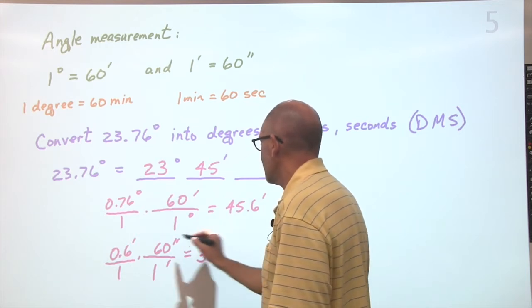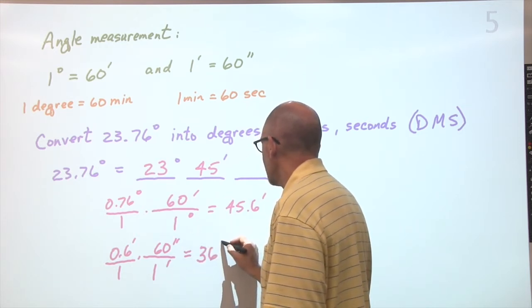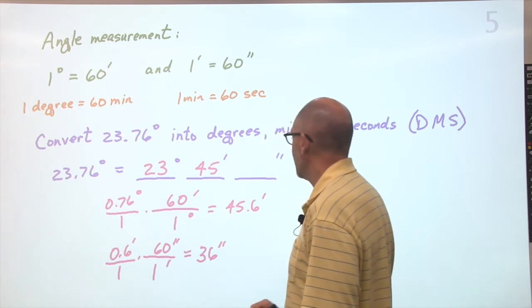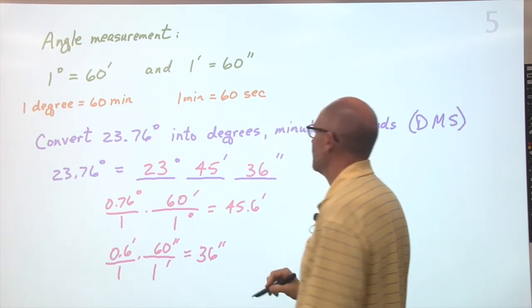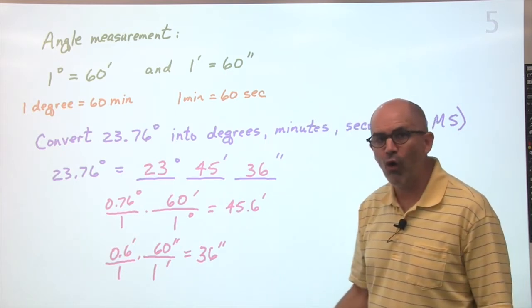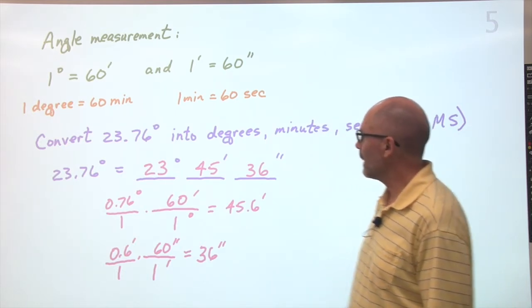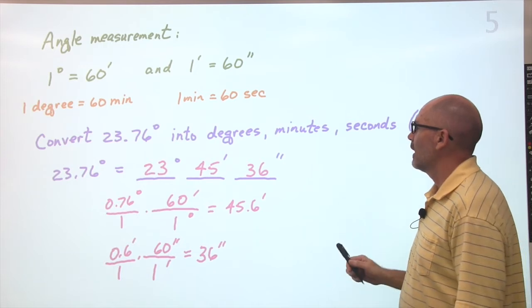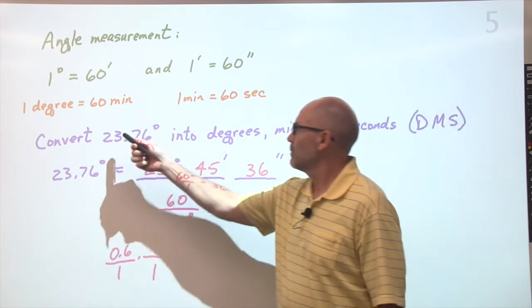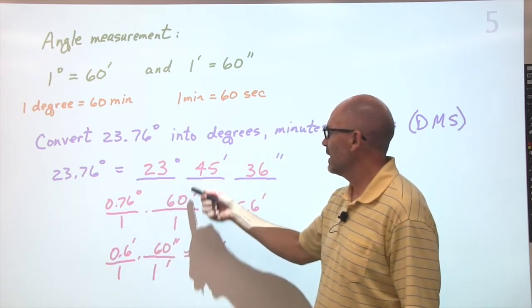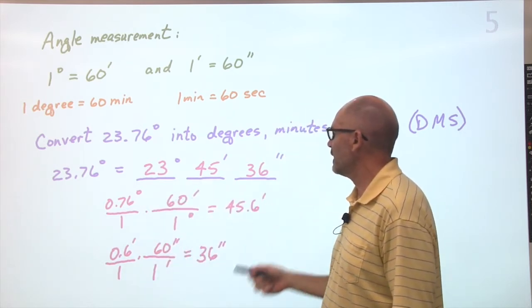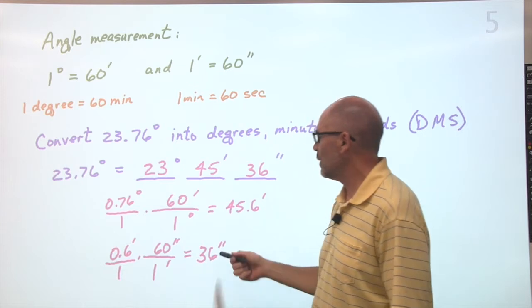And what are the units? The minutes canceled, and I'm left with seconds. So I have 36 seconds. That's it, game over. Okay, so all you do is put your degrees down, take your decimal, multiply by 60, and you have minutes. Multiply that by 60, and you have seconds.